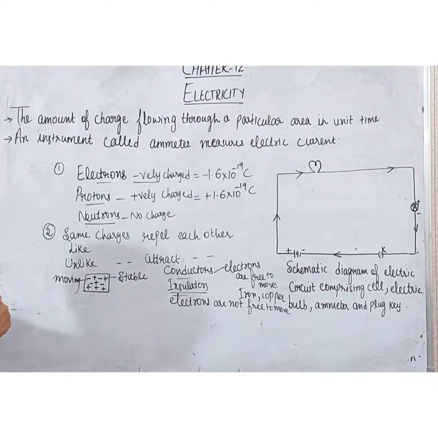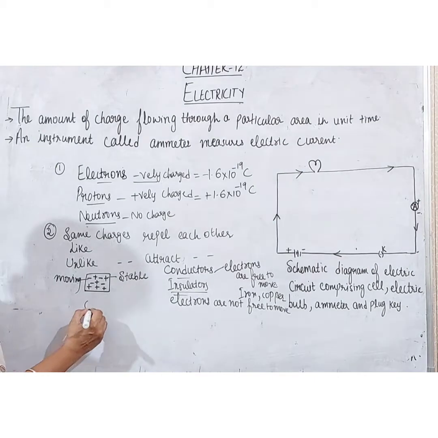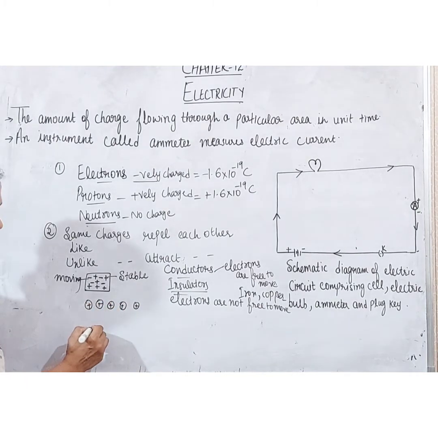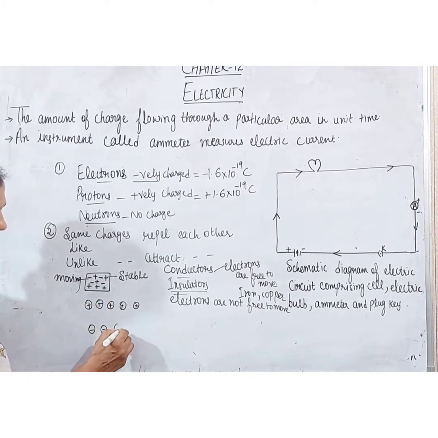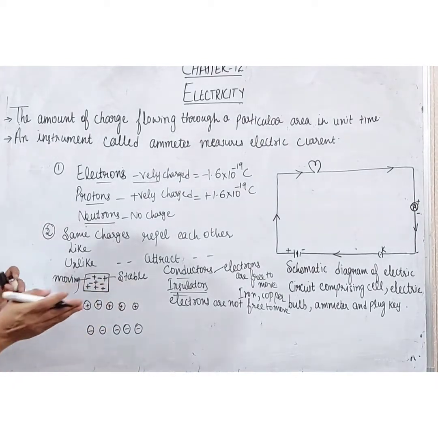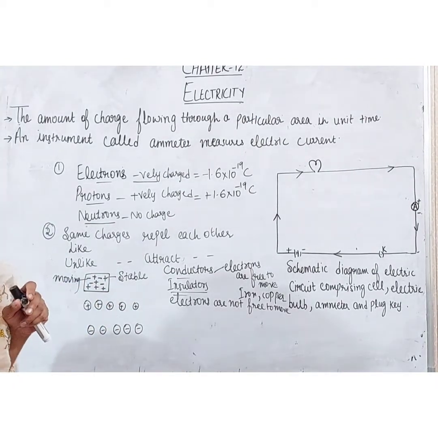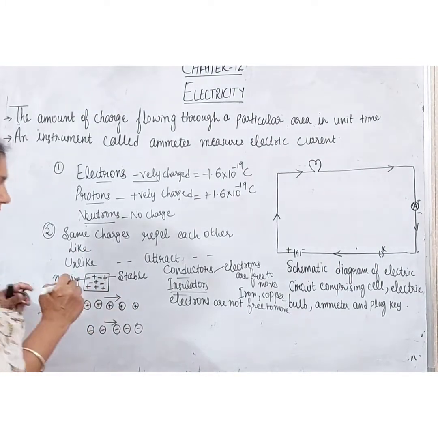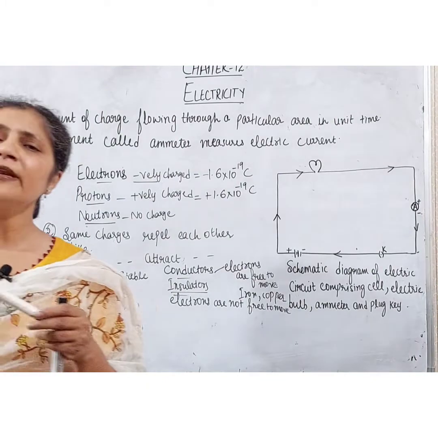Now suppose I am drawing these charges which are positive, or I am drawing negative charges, and I say they are flowing. Right students? If positive charges are flowing, I will write here, and if negative charges are flowing, what will happen?